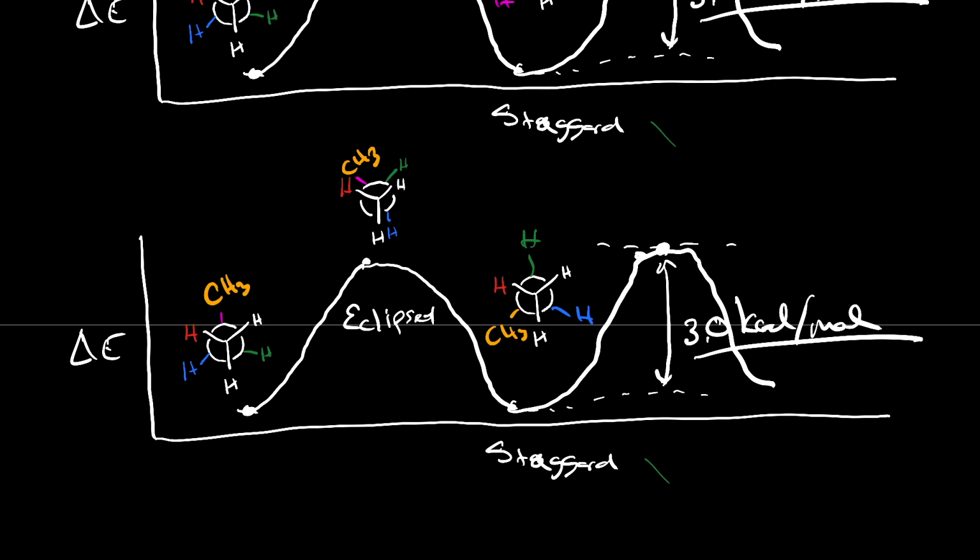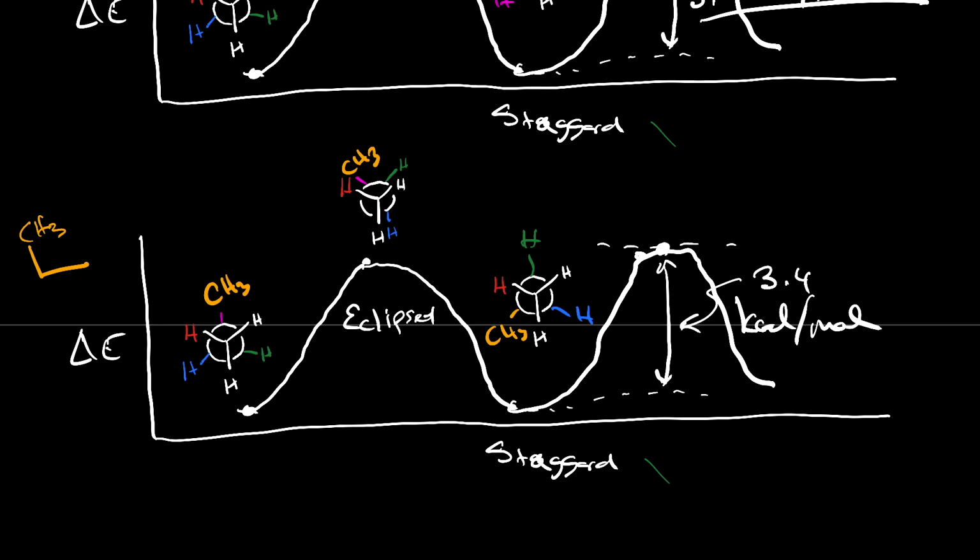All right, so now we've got propane, right? So up here is ethane, and now this is propane. And this rotation, it still undergoes an eclipse conformation. It still goes a staggered conformation. You can see it's basically going to do the same thing. This time, though, it's not 3 kilocalories per mole, but because the methyl group is larger, it is now 3.4 kilocalories per mole.